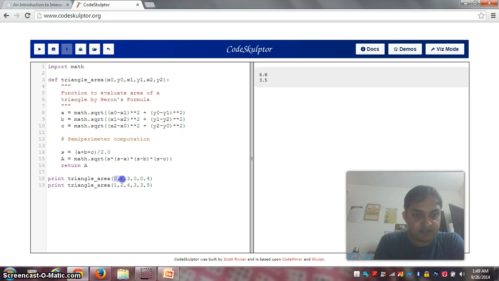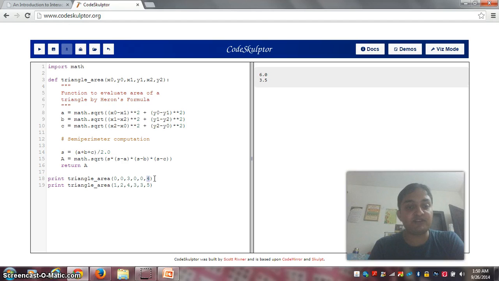Since this is the origin, this is a point on the x-axis and this is a point on the y-axis, we can clearly see that it is a right triangle where base is this 3 and height is 4. So if we compute the area of a right triangle, and if we remember it from the video, it is given by half into base into height.